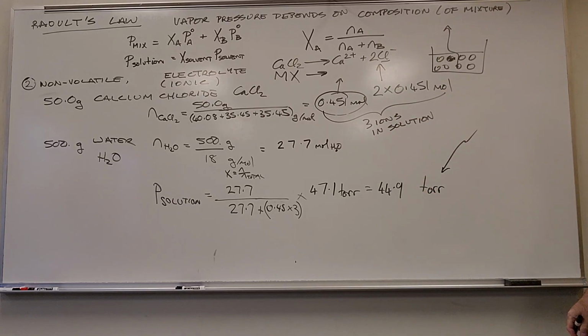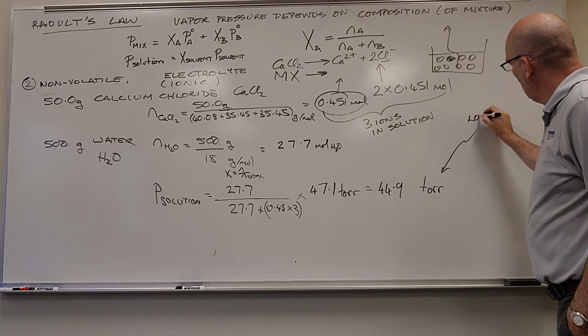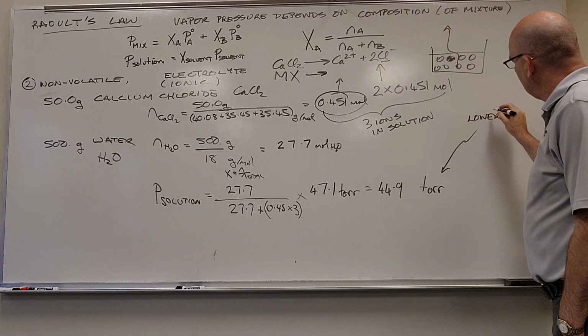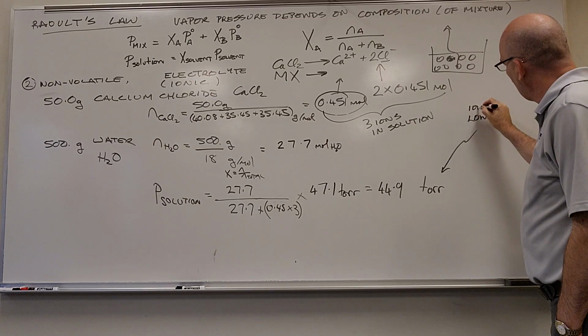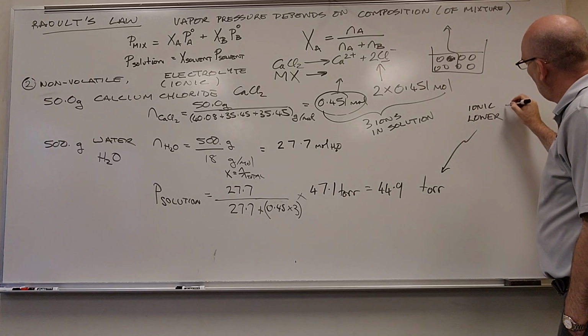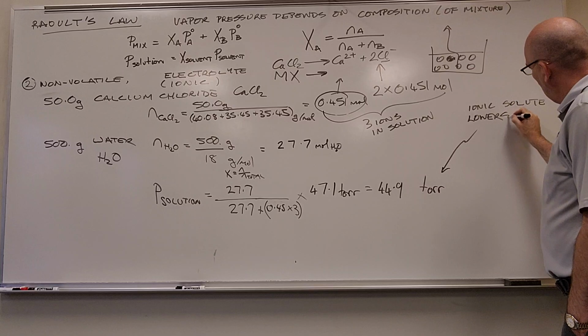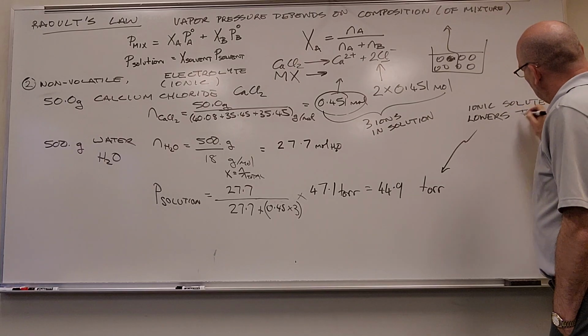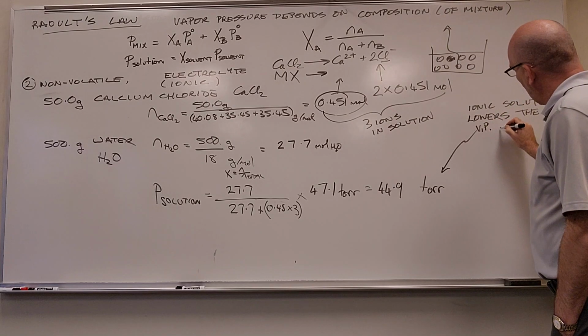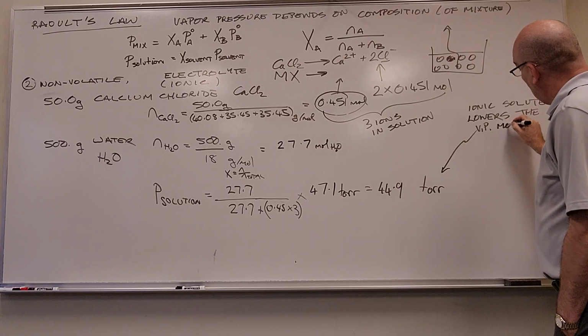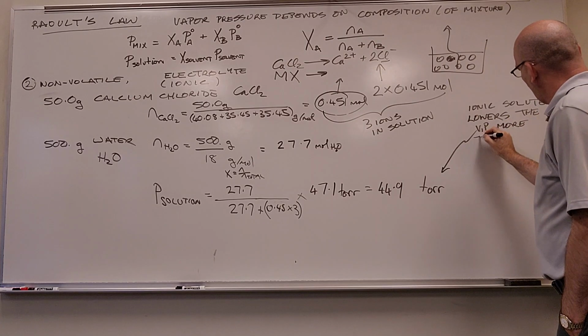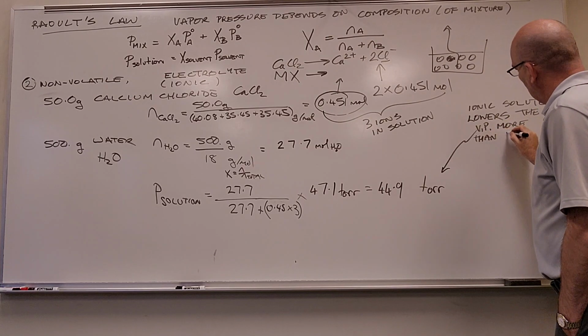It's smaller than both the original and the non-volatile, but non-neutralized ionic solute lowers the vapor pressure more than covalent solutes.